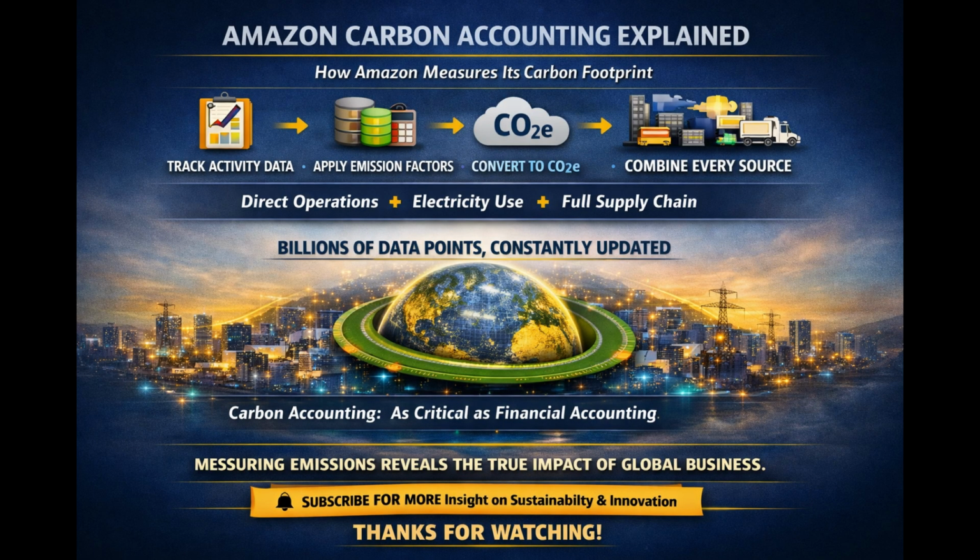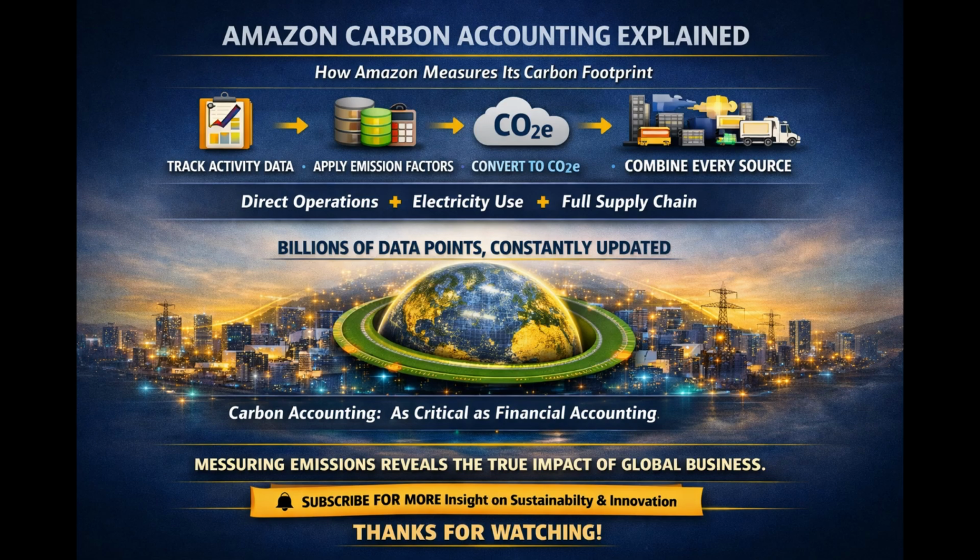So how does Amazon calculate carbon emissions? The answer is surprisingly straightforward. Track activity data, apply scientifically established emission factors, convert everything into CO2 equivalent, then combine emissions from direct operations, electricity use, and the entire supply chain.